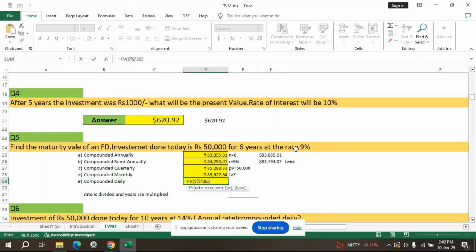Then comma nper. Nper is 6 years into 365. Then comma PMT is 0, comma minus 50,000, then comma type is at the end of the period, 0. Close the bracket and press enter. Now you will be getting the answer as 85,794. You just try out all these things.